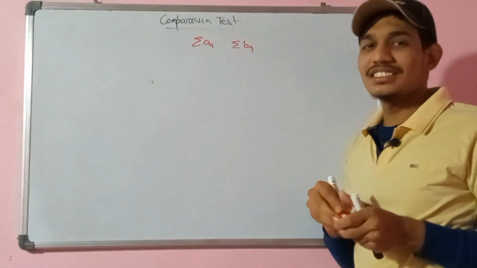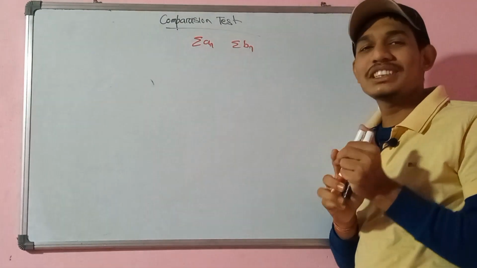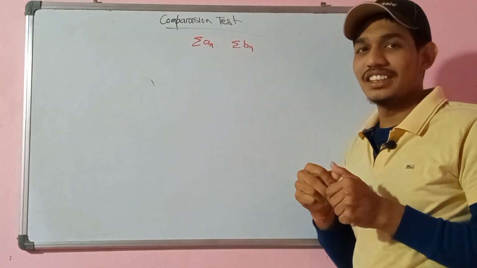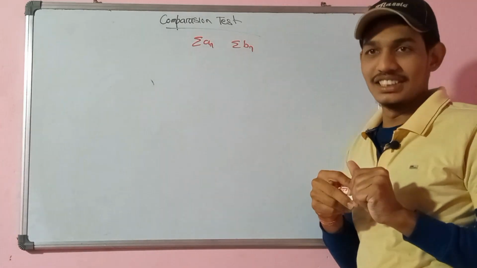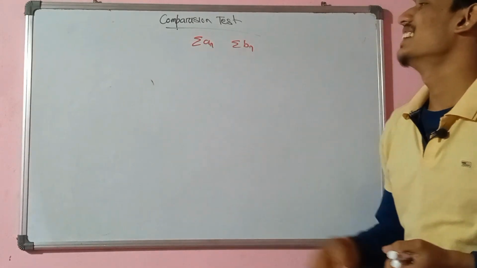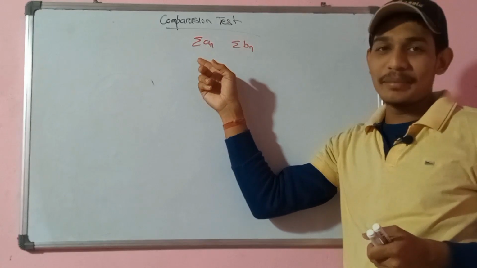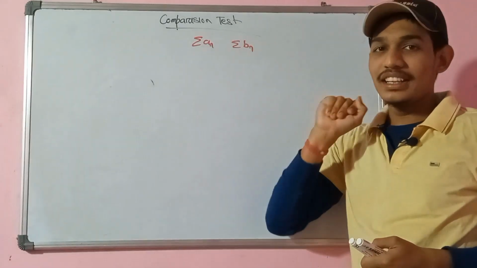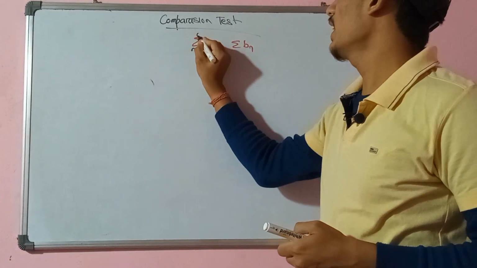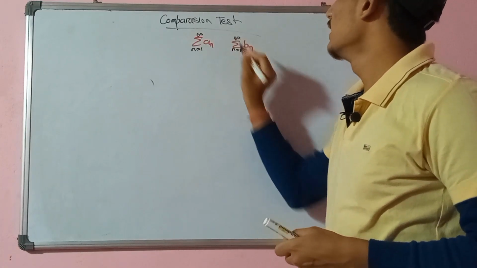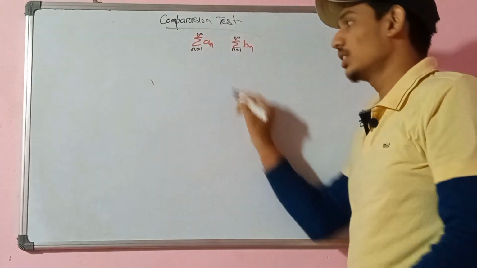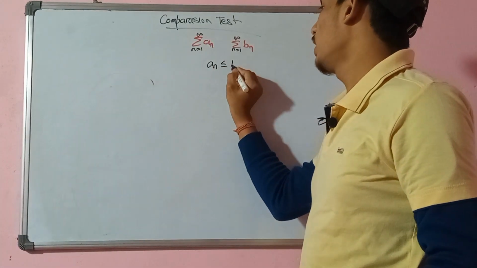Why aₙ, bₙ? When we take random variables, we take x, y, z or a, b, c. So my two series are summation of aₙ and summation of bₙ, n from 1 to infinity. I am assuming some relation, this one should be less, another should be more. Let's say my aₙ is less than or equal to bₙ.